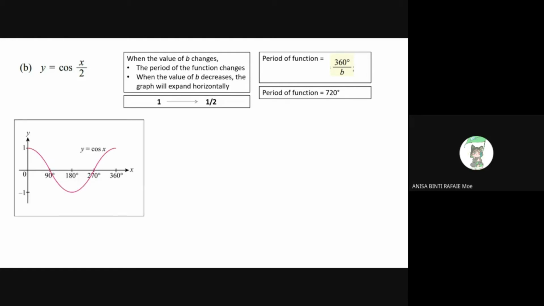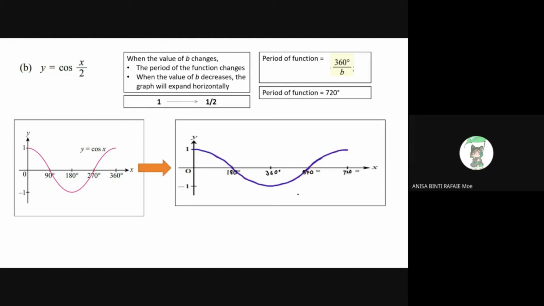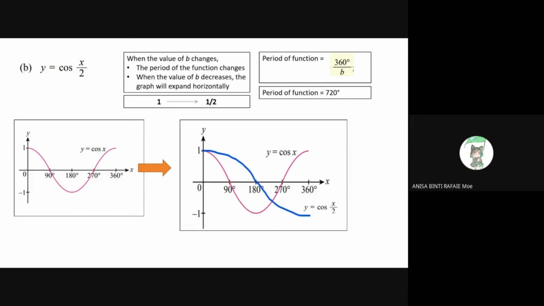This is the original graph, and it will become like this. It will extend to 720 degrees. However, from the question, we are only required to sketch the graph up until 360 degrees. So we just have to cut it and we will get this. This is the answer for number 2b.